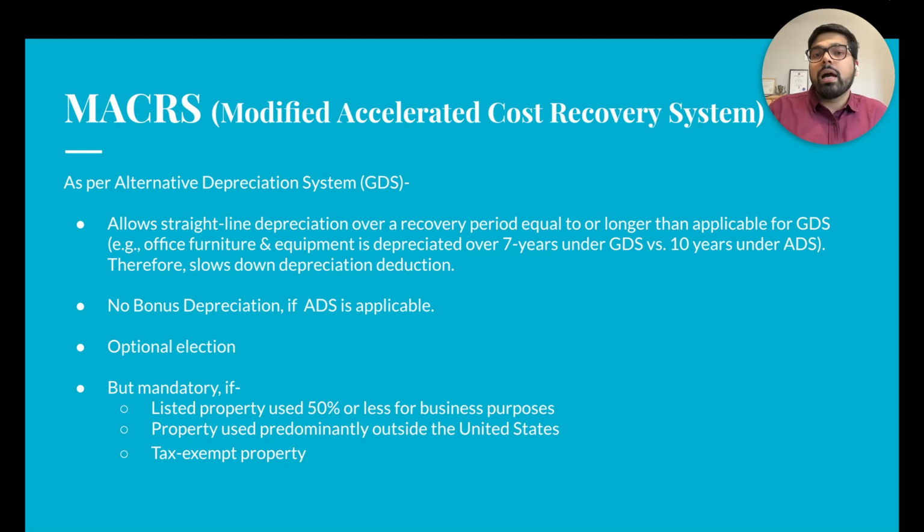In this case, I may not be able to use general depreciation; I'll have to use alternative depreciation. Maybe the property is predominantly located outside the United States. In that case, again, I cannot follow the general depreciation system; I'll follow the alternative depreciation system. Or maybe I bought tax-exempt property.